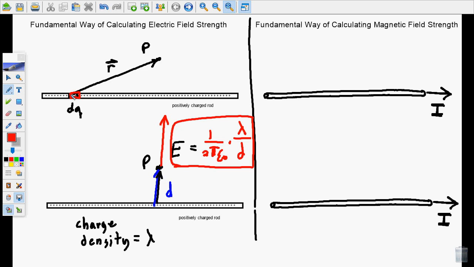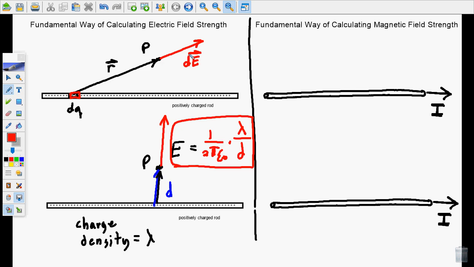And dE, due to that dq right there, would be going this way. But when we looked at symmetry and we went through the whole thing, what happened to all the x components of these little dE's? Kyle? They canceled each other out.